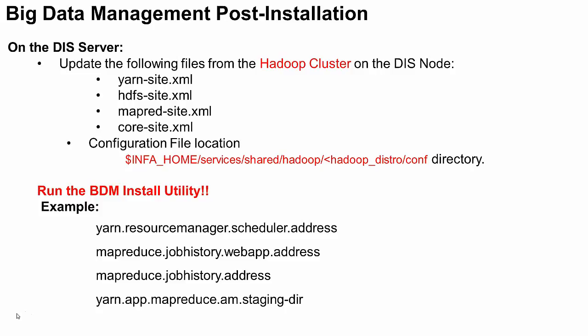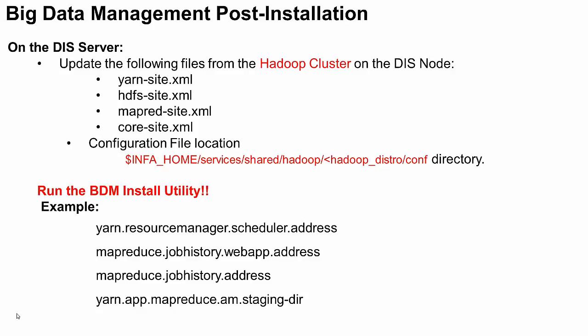If you look through this configuration, these will tell you what your job history server is, what your YARN resource manager is, your HDFS location, name node location, and MapReduce. If you're using Kerberos, it'll give you details about all these configurations, right?